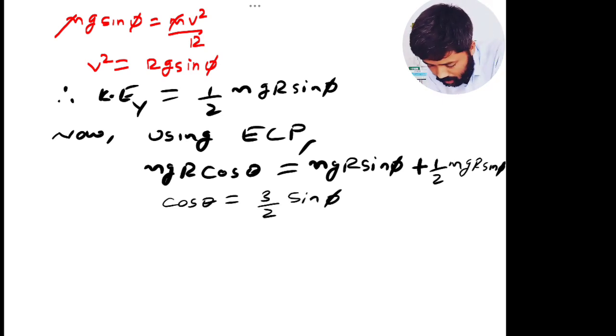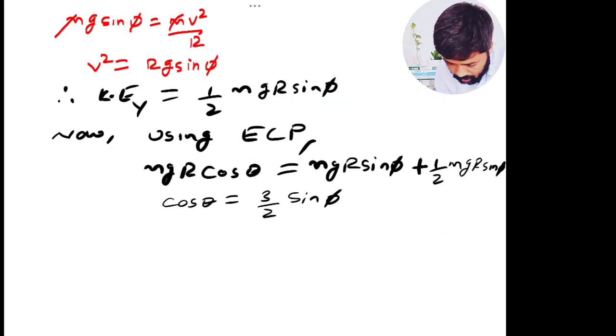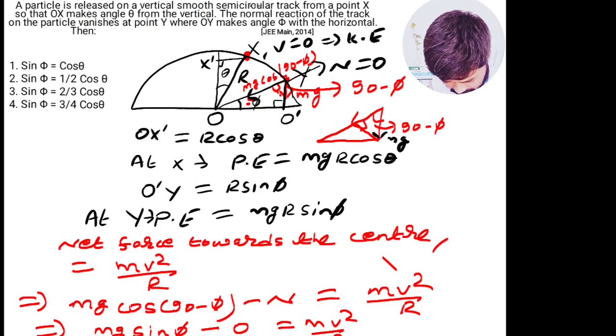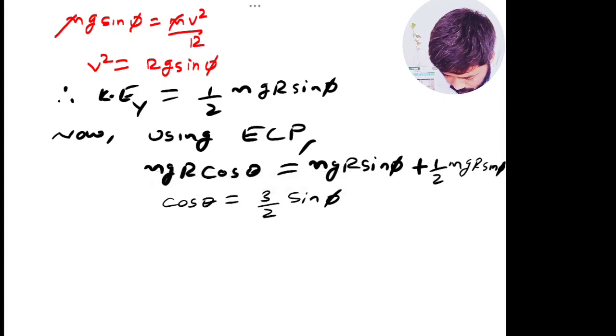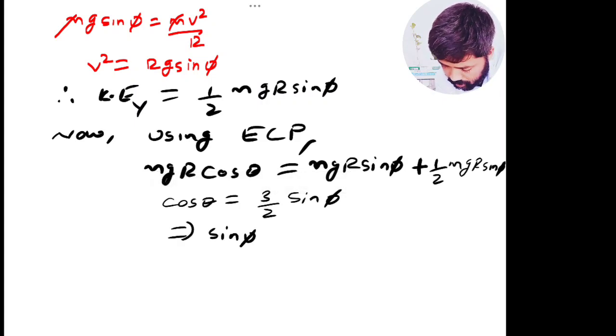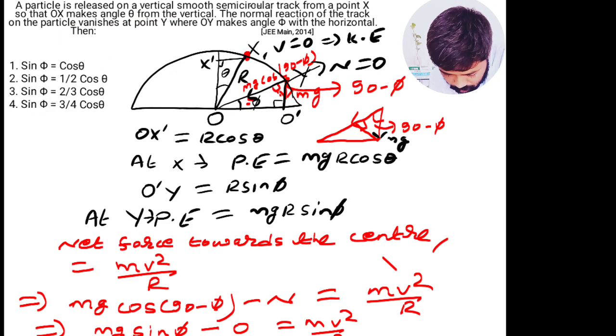Now let us match with the options. In the options you can see 3 by 2, so only the third option seems to match. Let us keep sin phi on the left hand side. This implies sin phi is equal to 2 by 3 cos theta. So option 3 is the correct option, because we have obtained 2 by 3 cos theta.